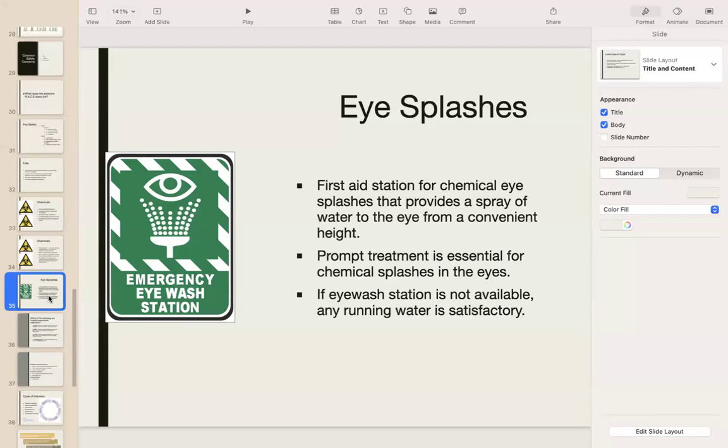But if you are aware of where this is, it should be somewhere that everybody can have access to. It should be checked regularly to make sure the temperature of the water is okay and that it actually works. So it should be somebody that's checking and keeping a log of what's happening with that eye wash station.